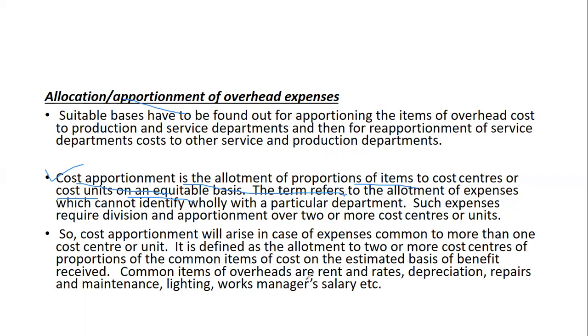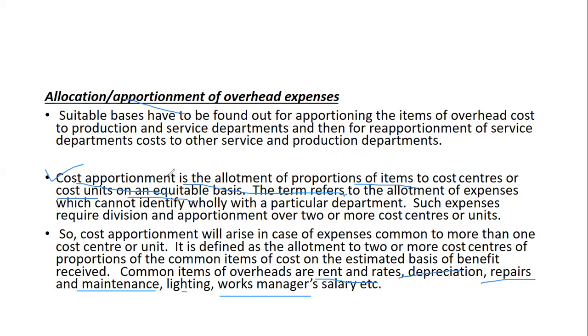Commonly we share overheads like rent and rates, depreciation, repairs, maintenance, lighting, works manager salary, etc. So we apportion them between different departments. What I want you to understand is the difference between allocation and apportionment of overhead expenses. By allocation, we mean assigning whole overheads to a single department.